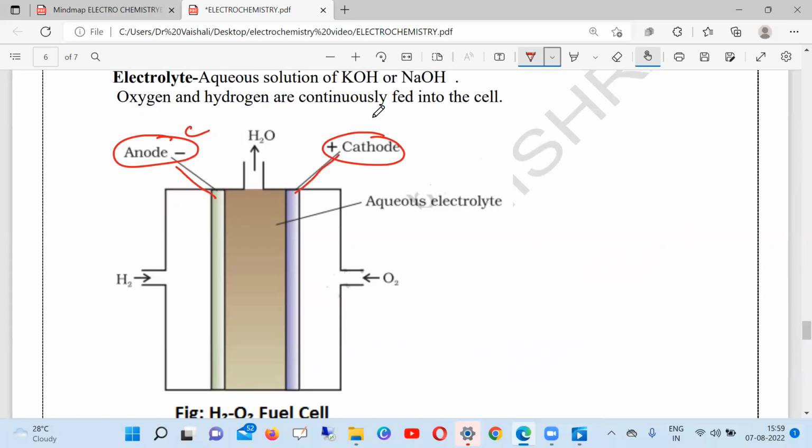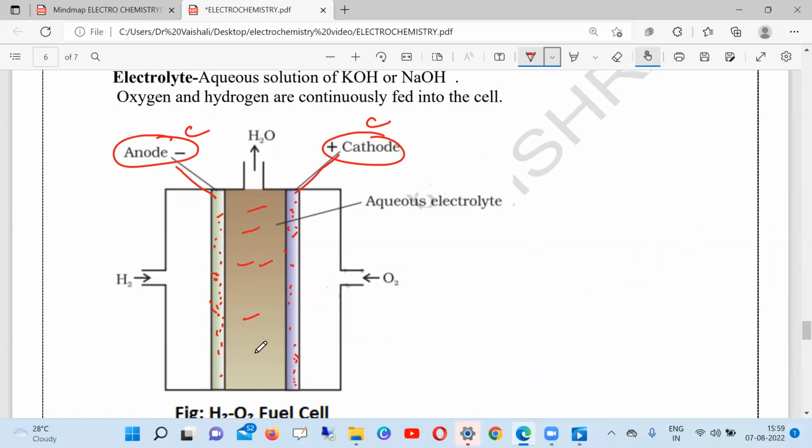Both are made up of carbon rod, graphite rod, in which the platinum powder is incorporated along with carbon. So these are the anode and cathode electrodes.